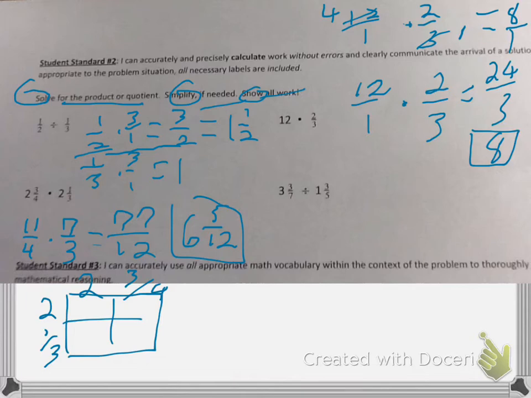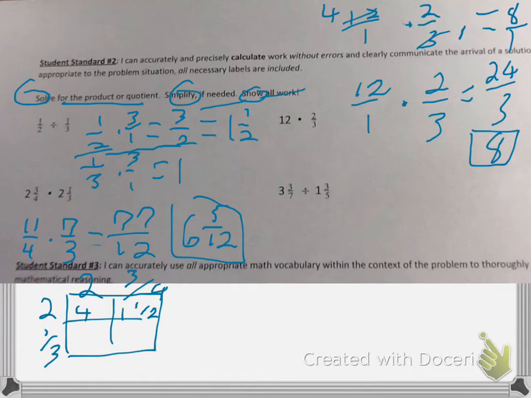So 2 times 2 is 4. 2 times 3 fourths would be equal to 6 fourths. 2 over 1 times 3 is 6 fourths. But I can simplify that to 1 and 2 fourths, or 1 and 1/2. So I'm going to write that in there, 1 and 1/2.